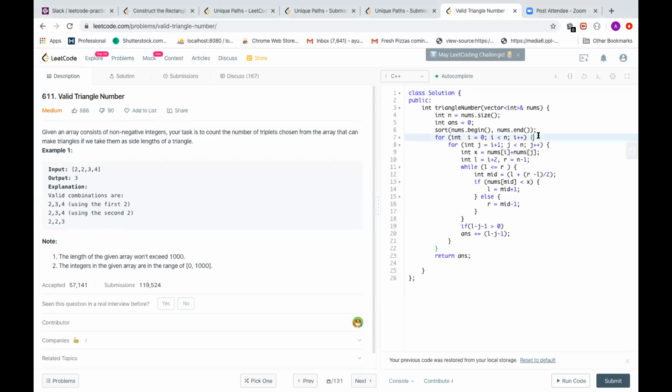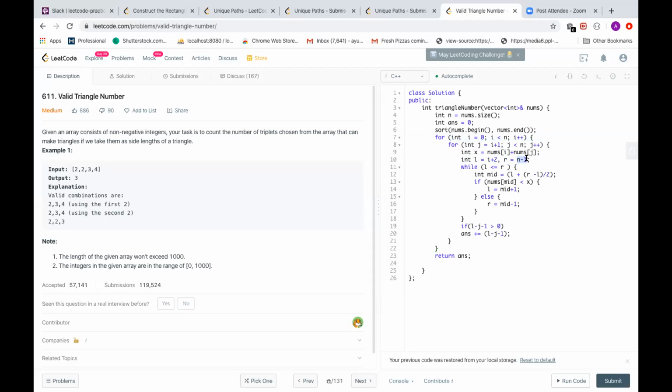In the first loop, I chose the first element, and in the next one, I choose the second element. Now I applied a binary search from the next part, that was i plus 2, till the last index.